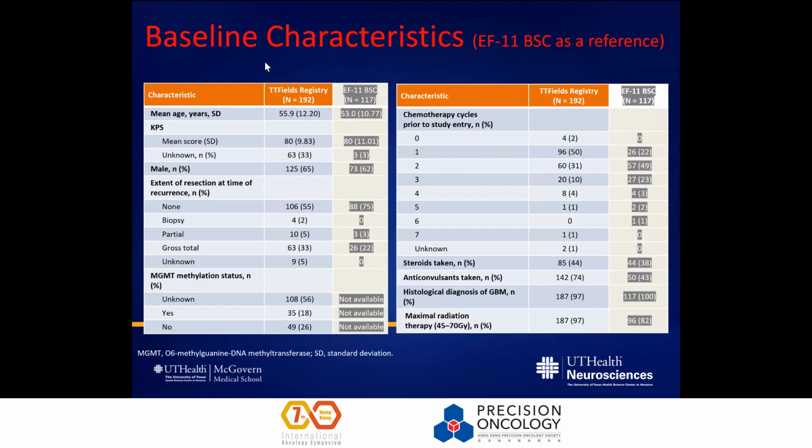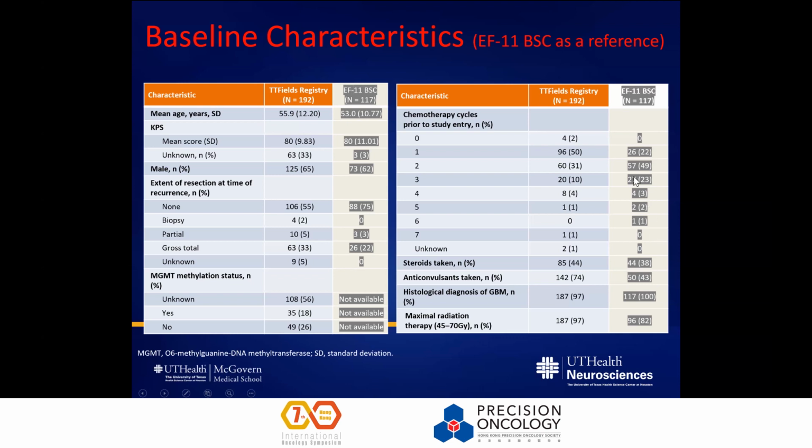So the patient baseline characteristics for the TTF EF19 group are listed here. I highlighted this differently because I want to make sure the audience knows this is not an in-trial comparison. This is a reference to the EF11 best standard of care group, which you already know, the 117 patients as a comparator.